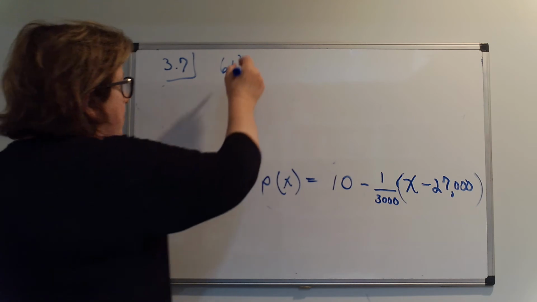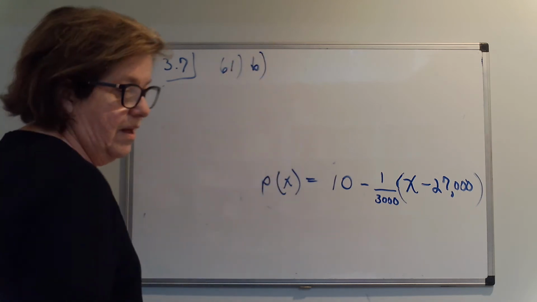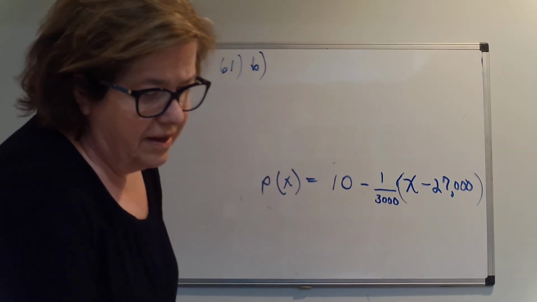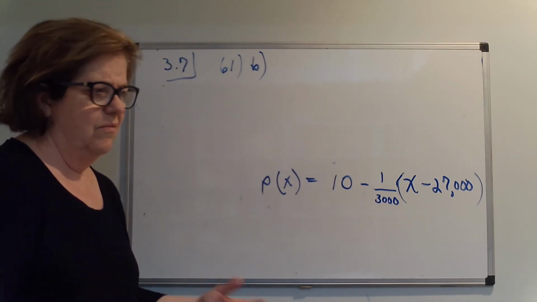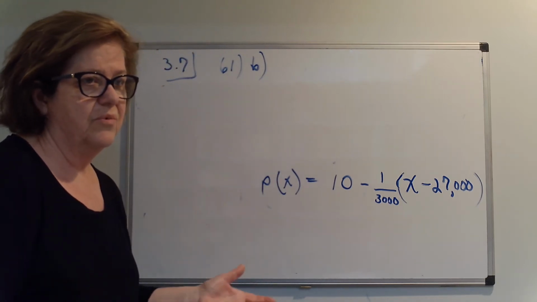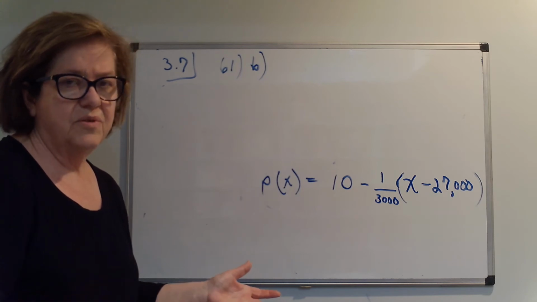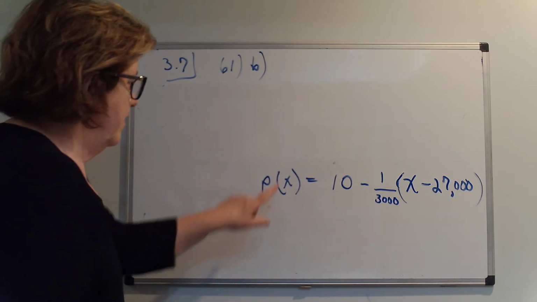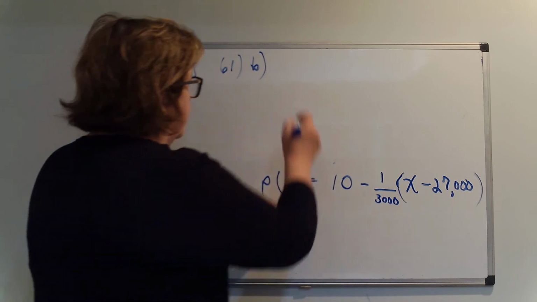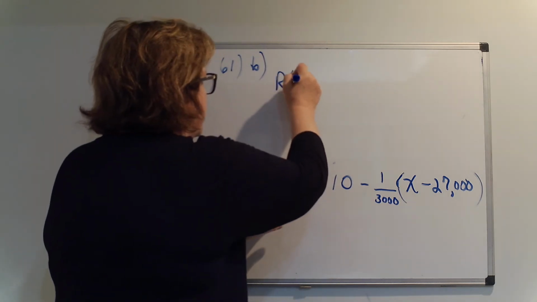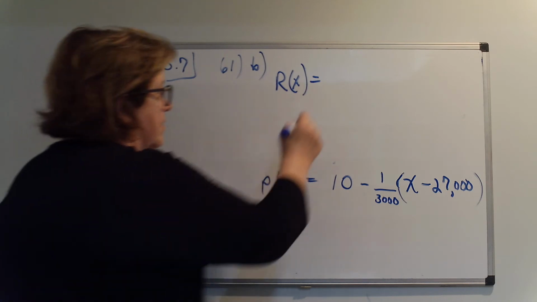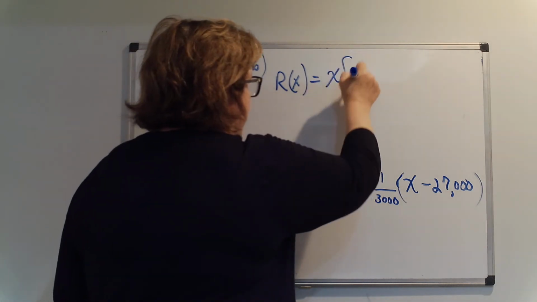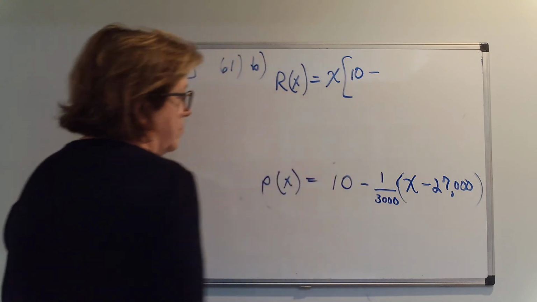And this is going to be part B. So I want to maximize, it says I want to maximize revenue. That's how much money I take in. Well, how much money I take in would be the number of tickets times the price per ticket. This is the price per ticket. So my revenue, the number of tickets is X. So my revenue would be X times the price.